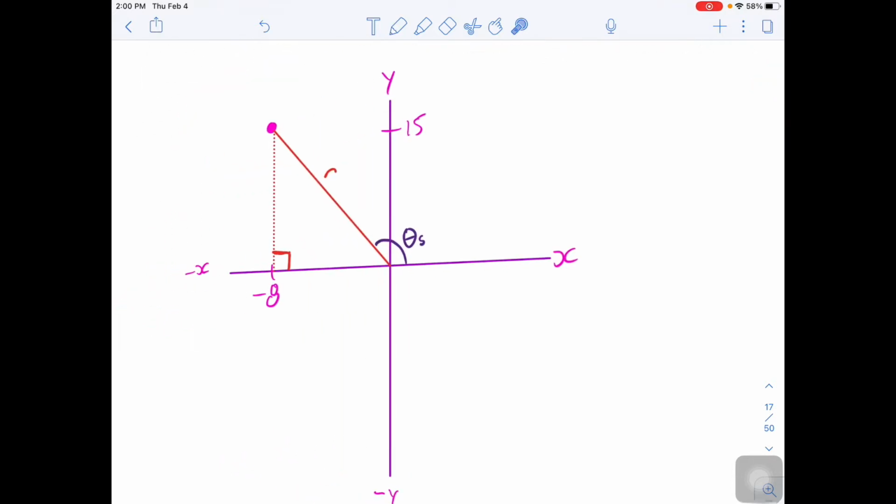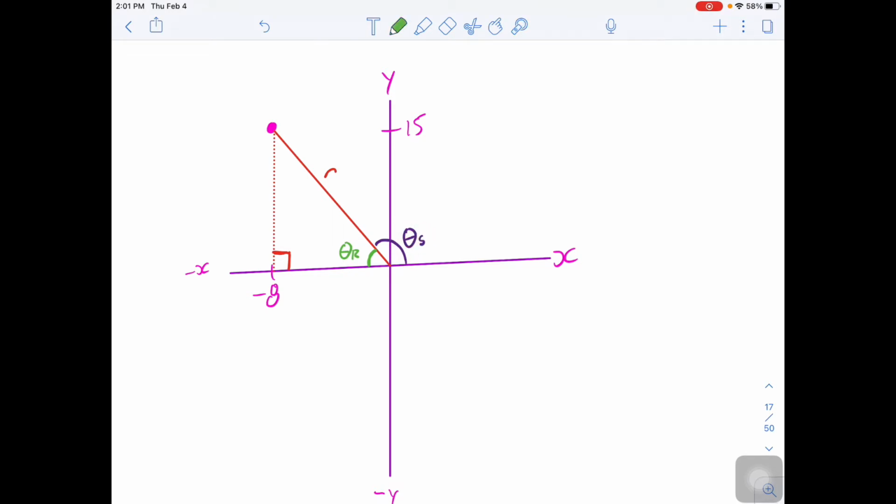Now, the reason we like to create a right triangle is because what we're actually going to reference to find these is the reference angle found here. So we're actually going to talk about the reference angle to figure out the standard angle ratios.